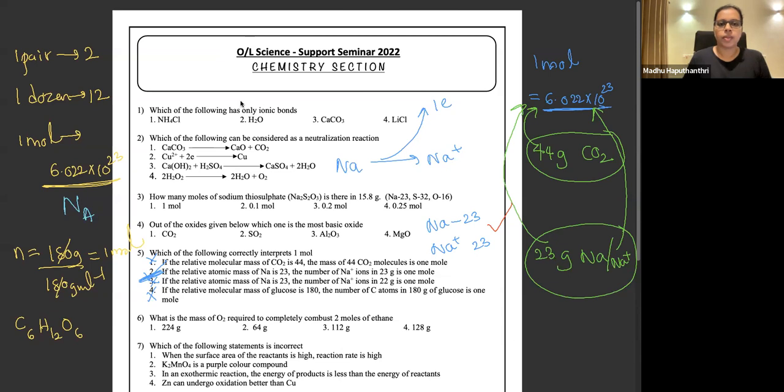Clear enough? All 4 statements, especially when it comes to the wrong statements, do you understand why that is wrong? Okay. Then we'll go to the 6th one.